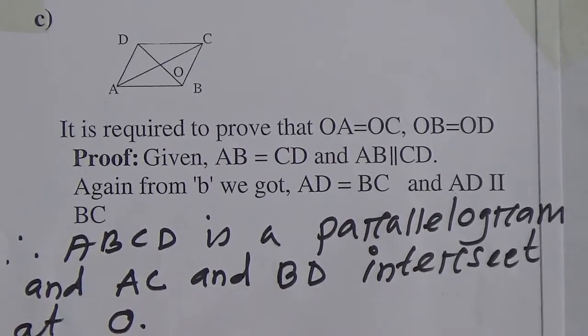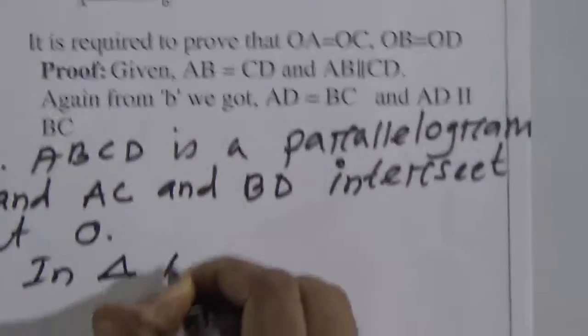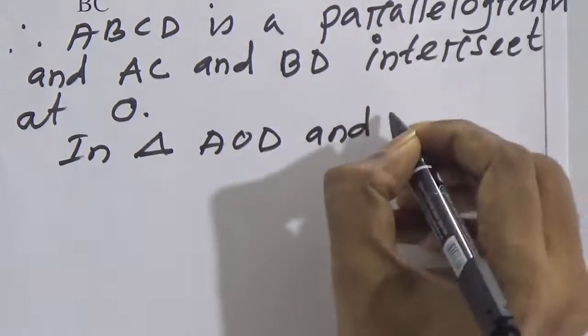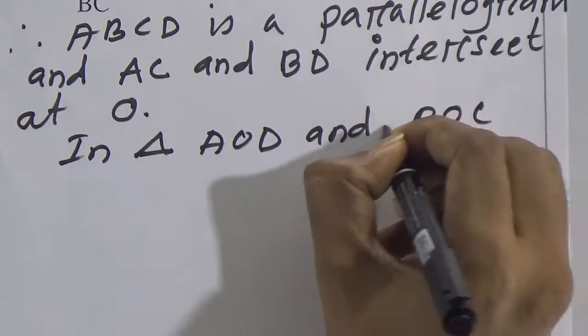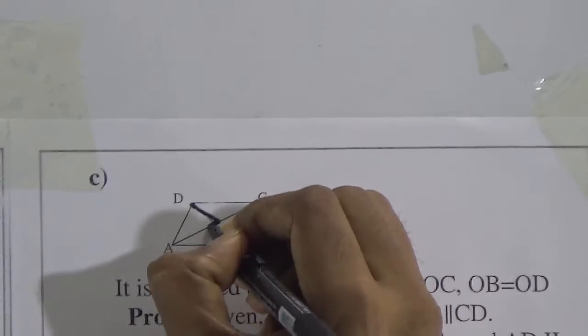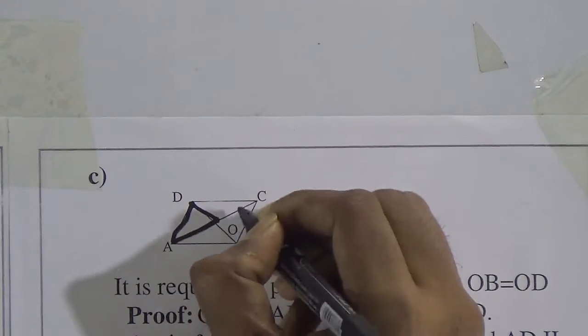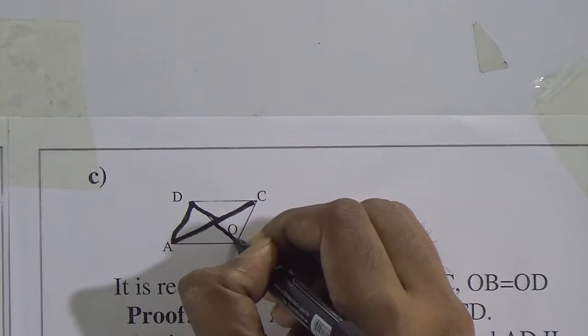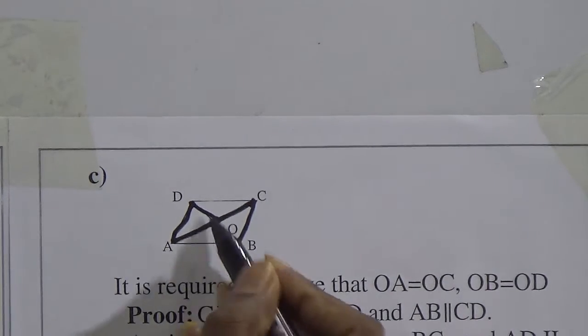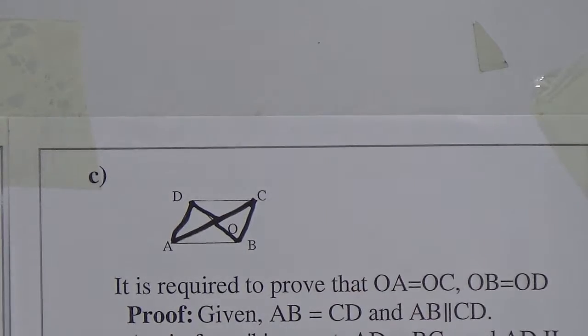Now we consider AOD triangle and BOC triangle. Carefully look. AOD and BOC triangles.